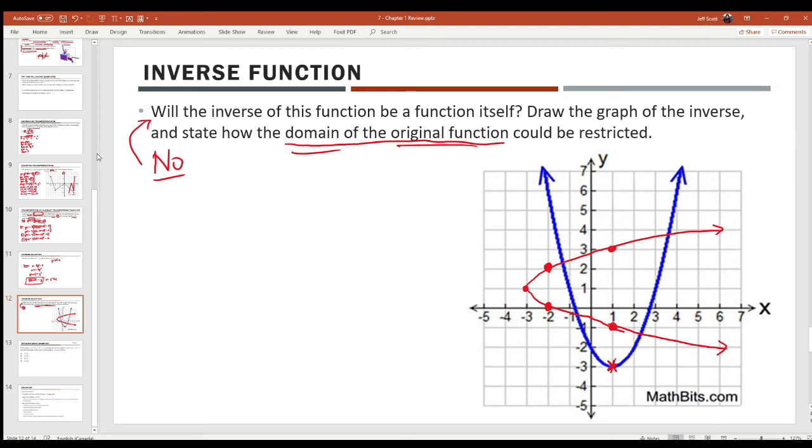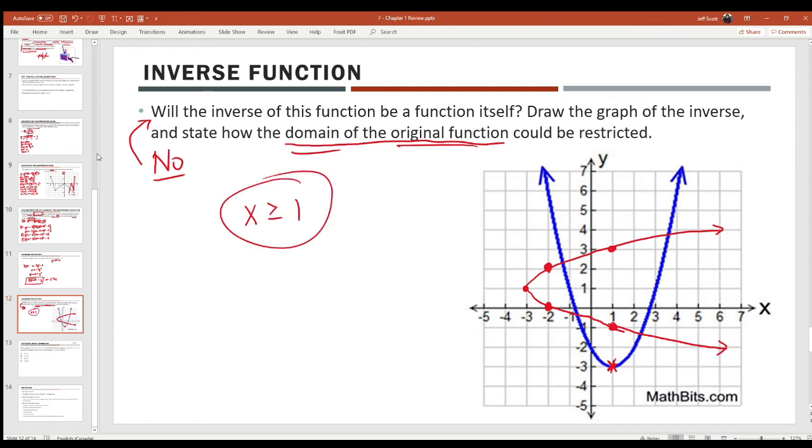Anyway, so what we have to do here is we have to pretty much cut off this entire left arm of the original function, because that's where we're going to start having some horizontal line test problems. To cut it off, it's just literally as easy as saying, okay, what's the x value at your vertex? Oh, it's x is 1. So we just want to keep our points where x is greater than or equal to 1.